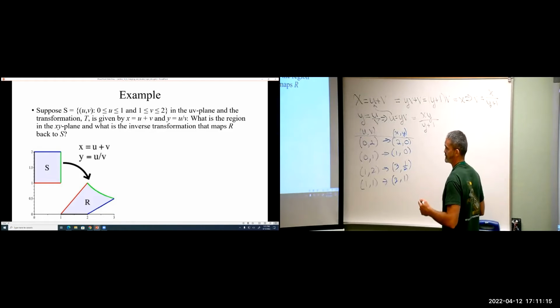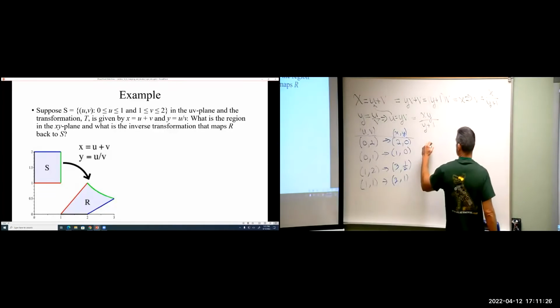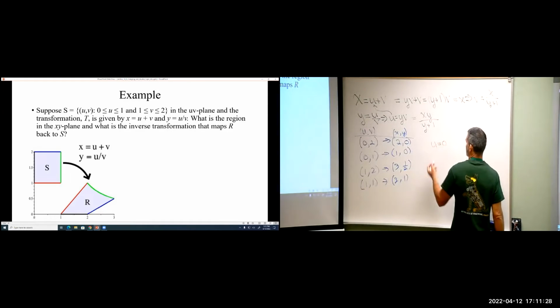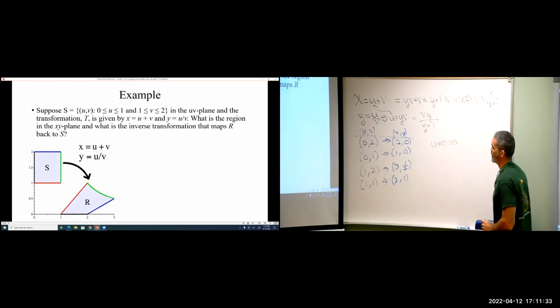So first off, if we're going along this line here, notice that u is always equal to 0, right? So u equals 0. So if u equals 0, what does that do for our transformations?